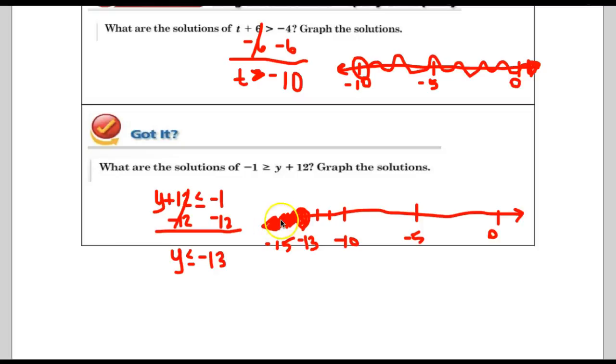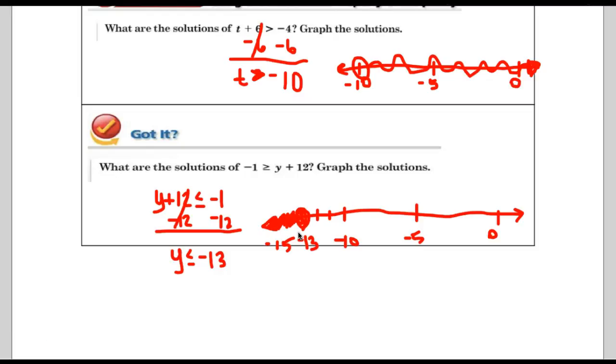Alright, this one got a little sloppy on me just because I'm trying to use the keypad mouse here. But you're going to flip the whole thing around, which, don't forget to flip the sign. The opening is going toward the negative 1, so when I flip it around, the opening has to go toward the negative 1 as well. So I'm going to have y plus 12 is less than or equal to negative 1.